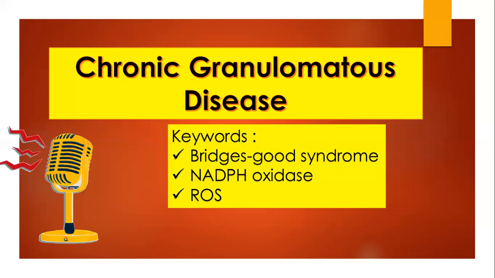Okay. And take note that in chronic granulomatous disease, the phagocytes only ingest, but they cannot kill what specific type of microorganism. Specifically, the catalase positive organisms, like for example, Staphylococcus, because of the lack of appropriate respiratory bursts, because they lack that ROS. Okay, so that is chronic granulomatous disease.